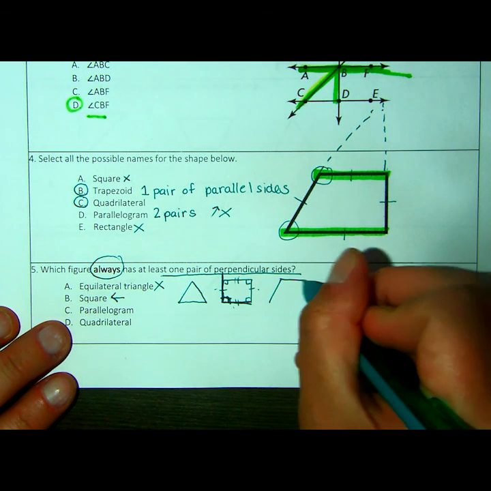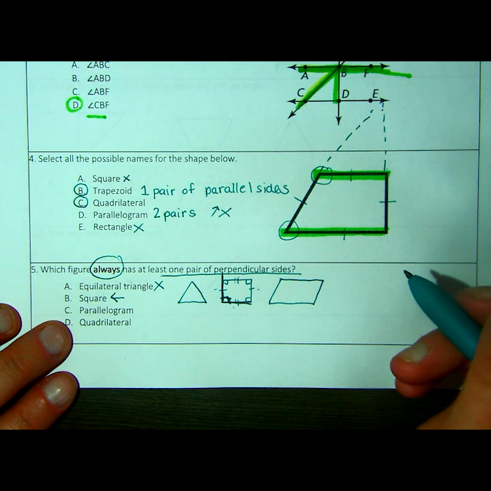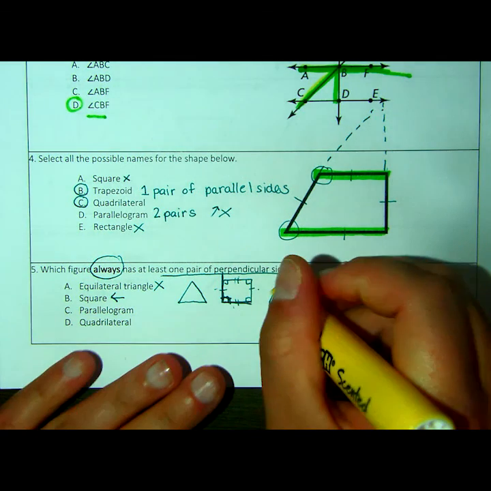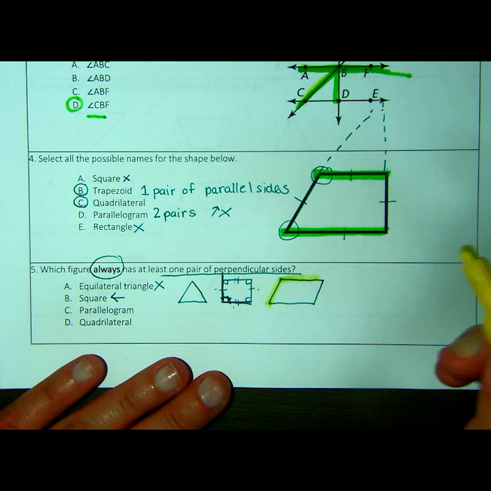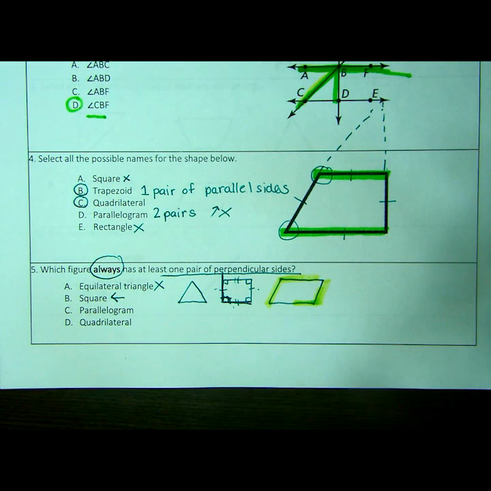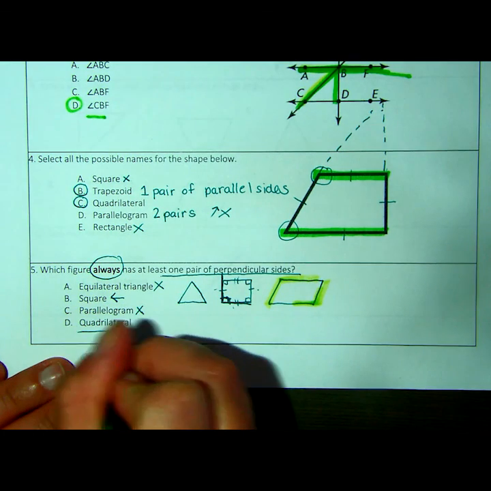Now let's look at a parallelogram. Parallelograms look like a rectangle that's been squashed. Well, do you see any perpendicular sides? No. If you highlight these lines right here, they are not perpendicular. They do not form a square corner. Neither do these 2 sides. So a parallelogram is out. Now let's look at this one, a quadrilateral.